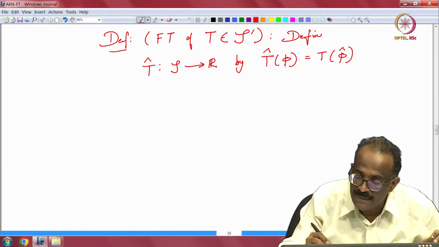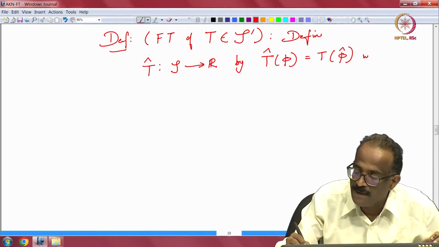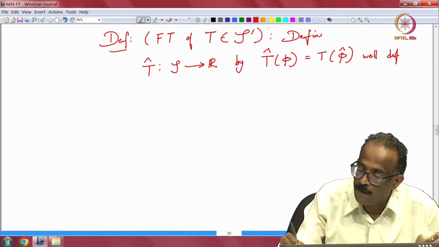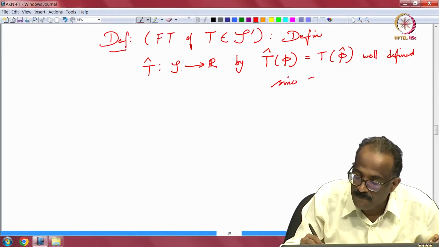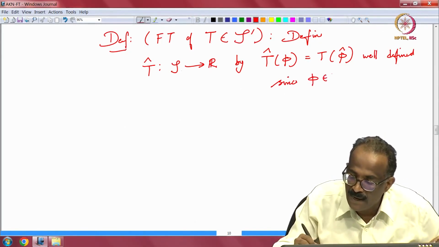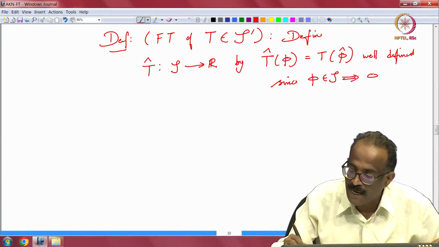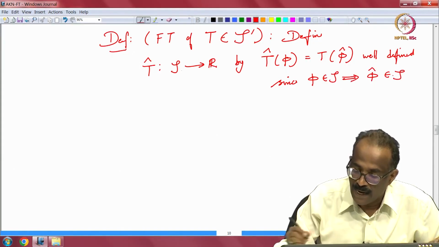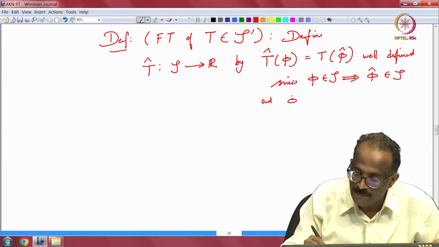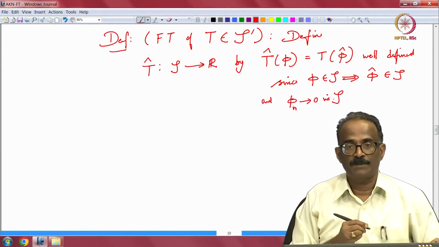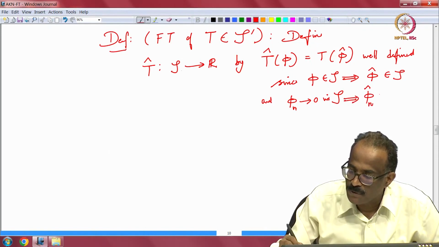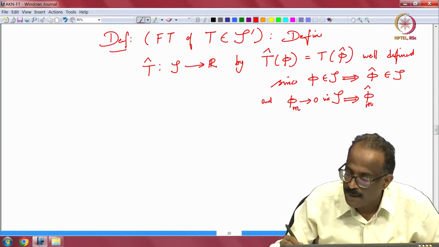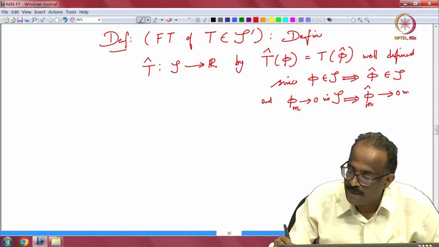It is well defined because if phi is in the Schwartz space, then phi hat is in the Schwartz space. And if phi_m converges to 0 in the Schwartz space, which are properties of the Schwartz space, then phi_m hat goes to 0 in the Schwartz space.